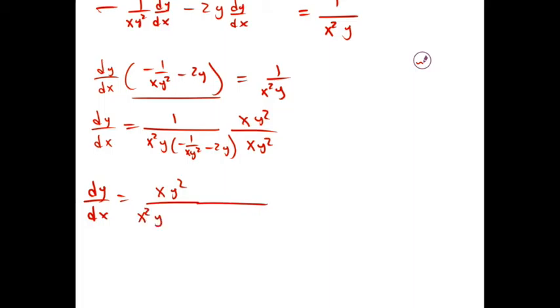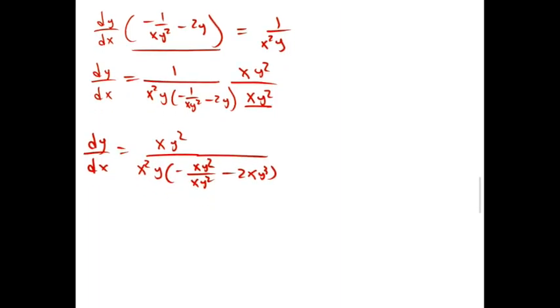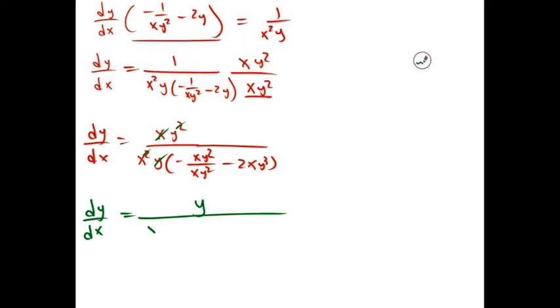And this multiplies through to get negative xy squared over xy squared minus 2xy to the third. X will cancel on top and bottom. Y will cancel on top and bottom. And we get dy dx equals y all over x. And this will cancel right here. That was negative 1 minus 2xy to the third.